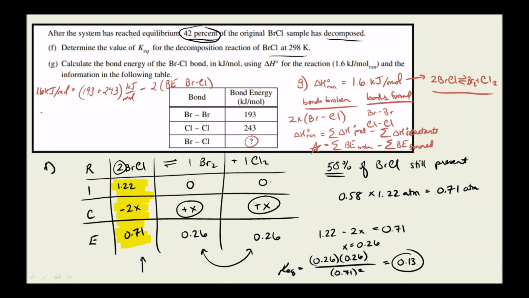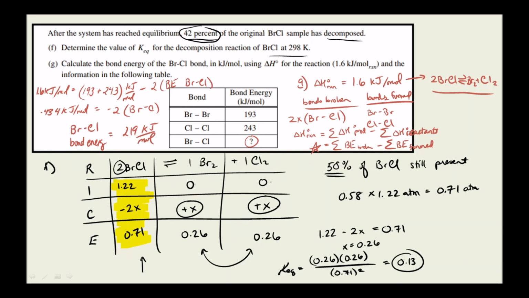So if we work through this, we'll get a negative 434 kilojoules per mole is equal to negative 2 bond energy for BrCl, and we find that BrCl bond energy is equal to 219 kilojoules per mole.